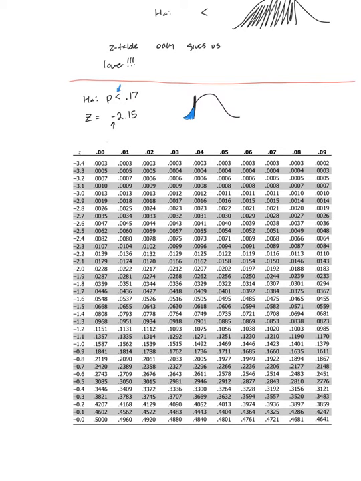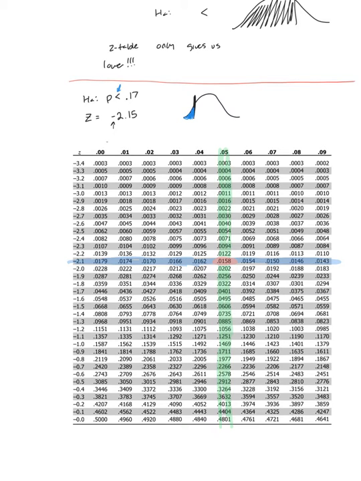I have negative 2.15, so I'm going to go to the left side and find negative 2.1. That's right here. I need negative 2.15, which means I go up to the top and find where 0.05 is, and I trace it down. Where those two overlap, that is going to be my p-value.